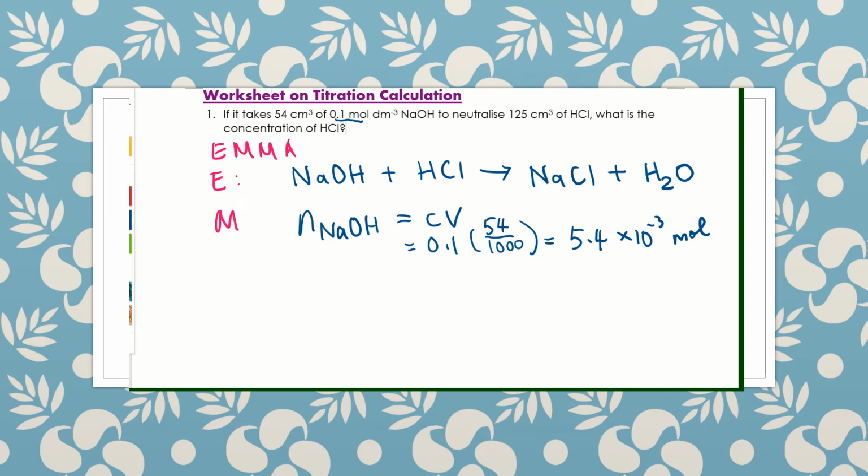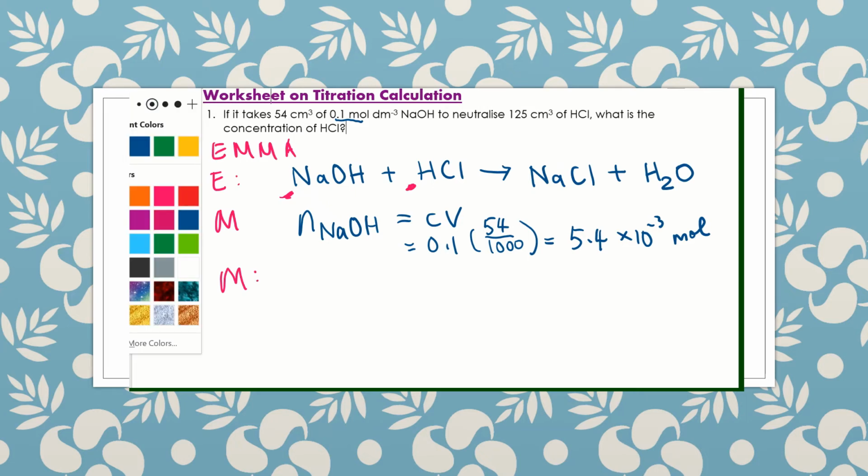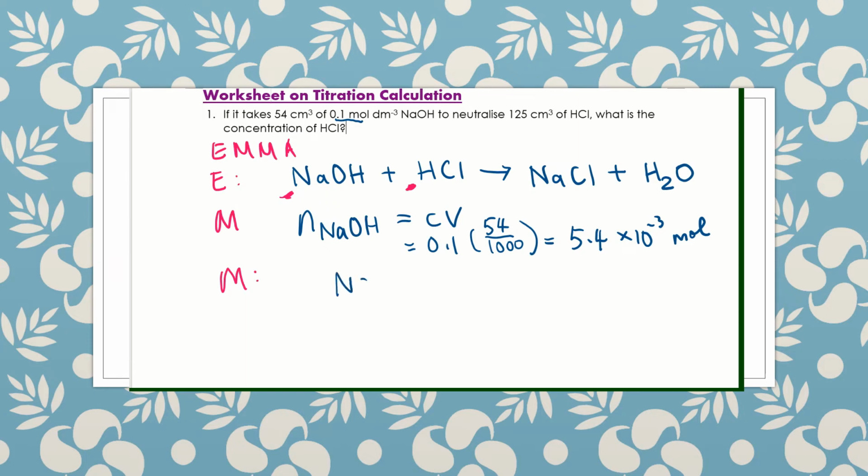Now heading to step 3, which is mole ratio. Mole ratio means that we're going to find the ratio based on the numbers in the balanced equation. We could see that the number of mole appearing in the equation are both 1 to 1. So I'm going to write down the mole ratio of sodium hydroxide and HCl.